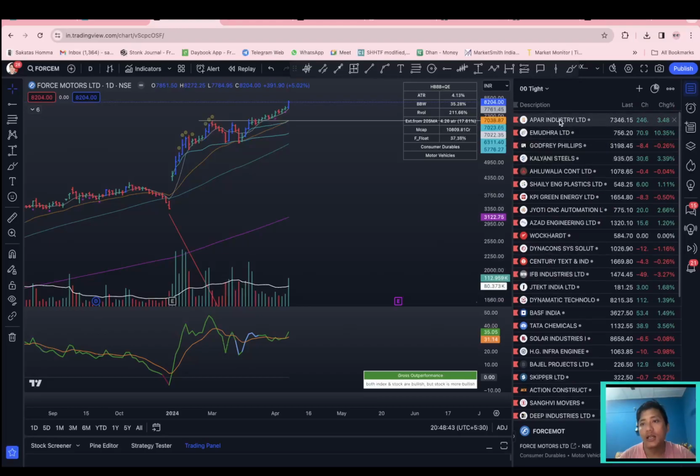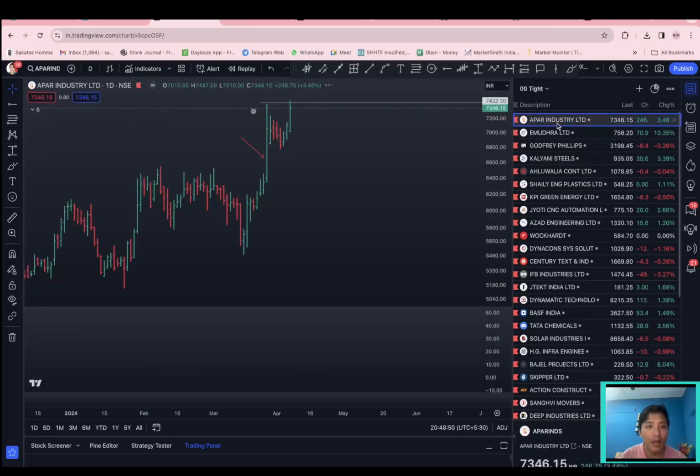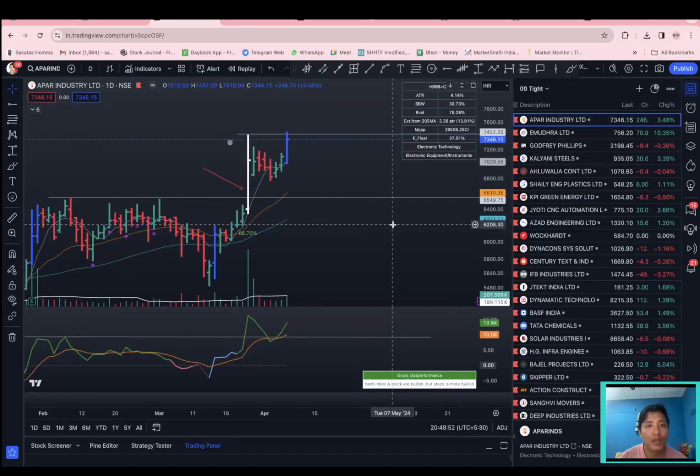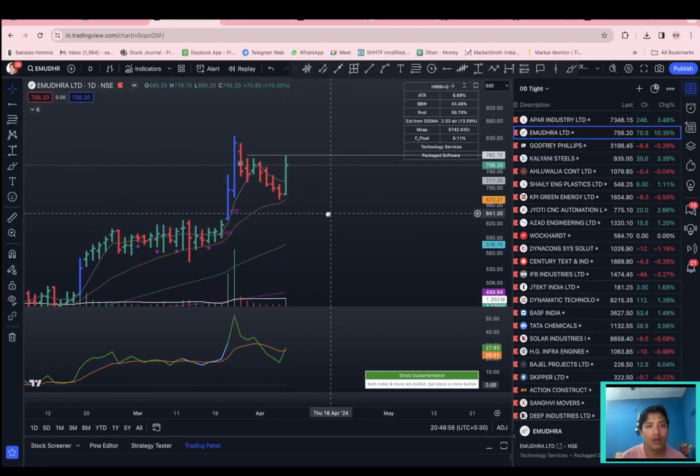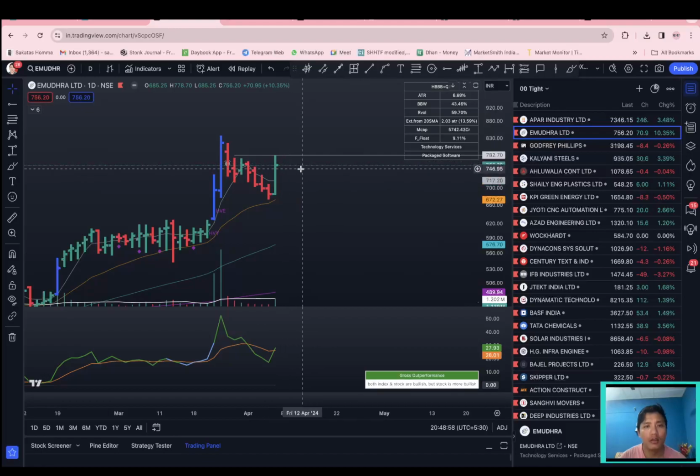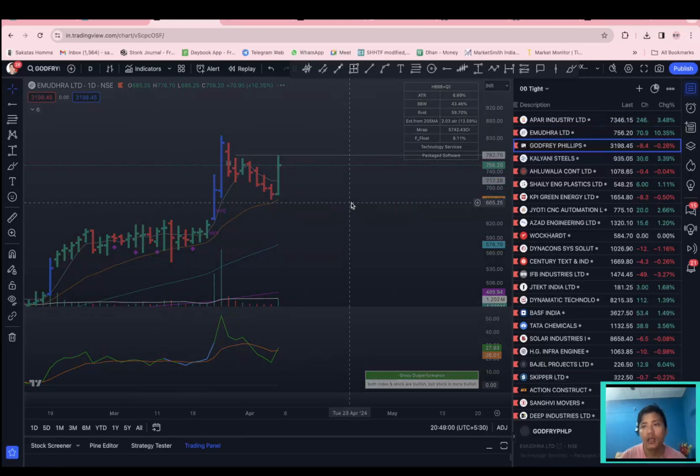And what I do is I try to put them one after the other from the top. So Apar, I'm invested, and that's why it's on the top. Imudra, not so much right now. If it gets tight again, then maybe.